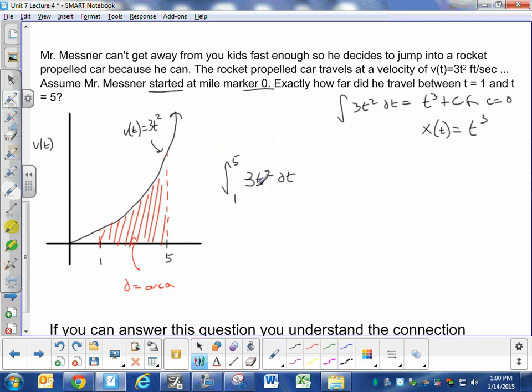Instead of worrying about trying to calculate this geometrically, because I can't, all I have to worry about is the position I was located at time 5 and the position I was located at time 1. By subtracting those two values, boom, I get the change in my position, which is the distance, which is the area.